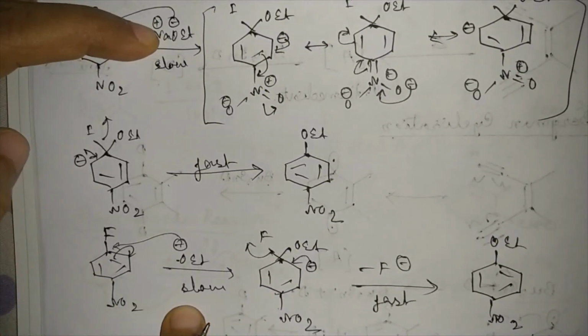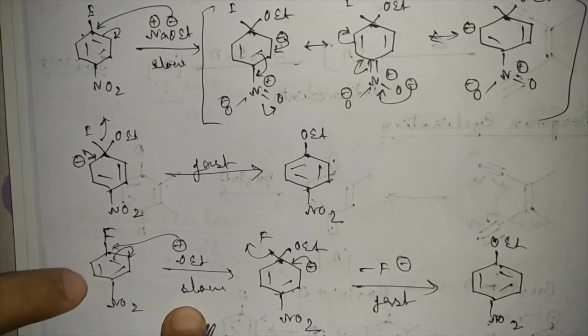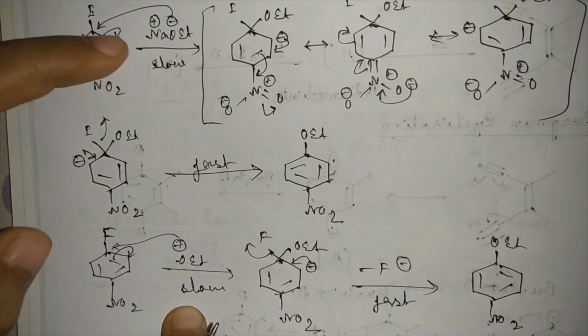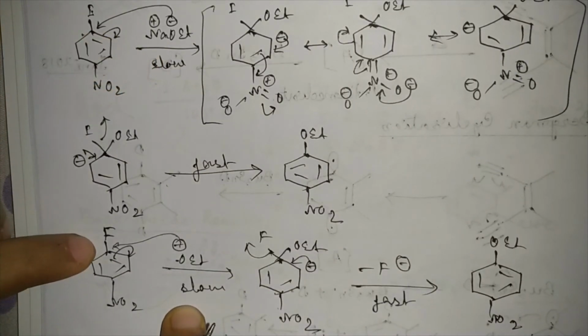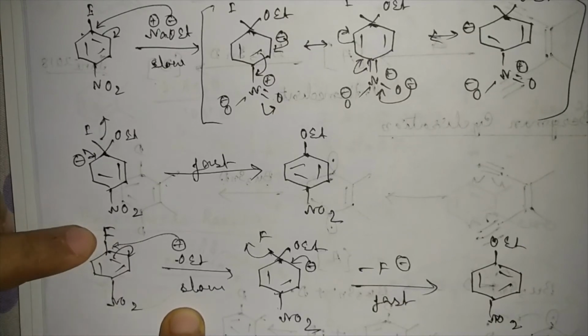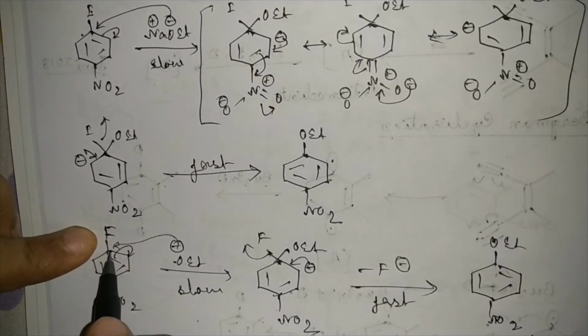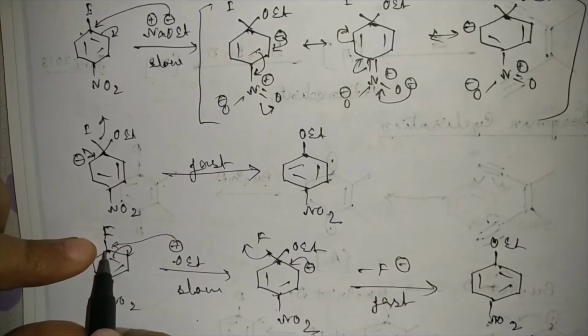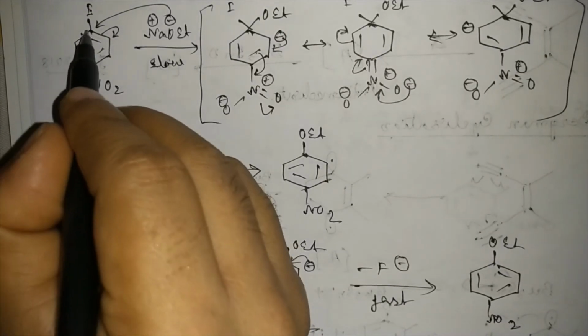Now between these two slow steps, this will happen much faster than this, and this will happen much slower, because here the fluorine atom, which has very strong electronegativity, will make the carbon much more electrophilic than this carbon.